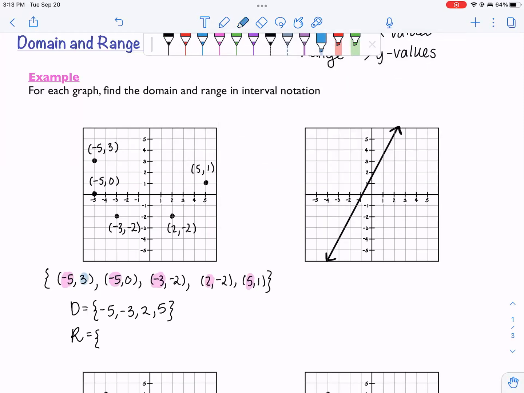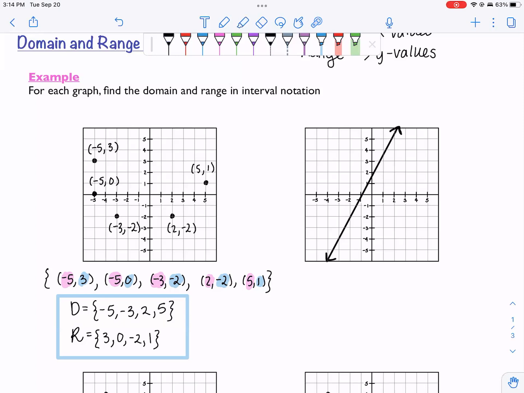So we have 3, 0, -2, -2, which we will list only once, and 1. So we have 3, 0, -2, and 1. And that is the domain and range of that graph. All right. Those are discrete points. There is a finite number of items in the domain and in the range.